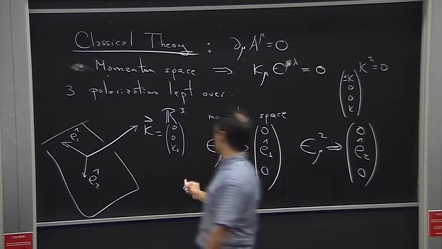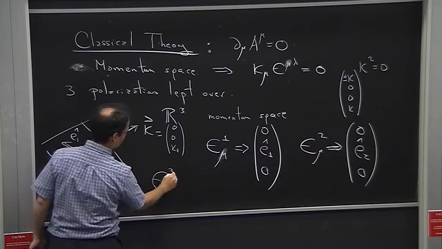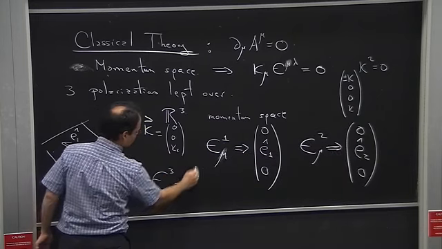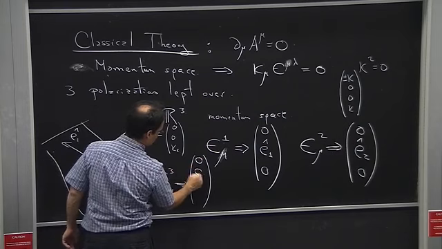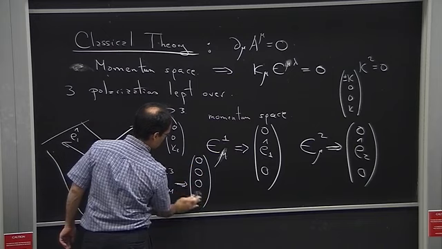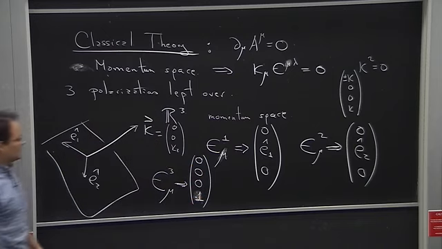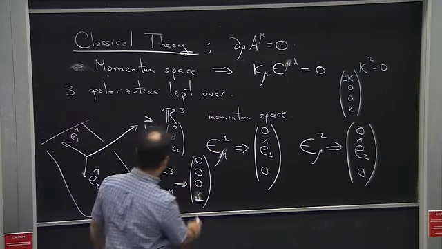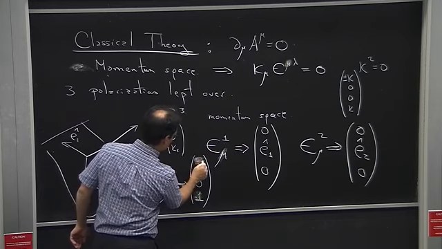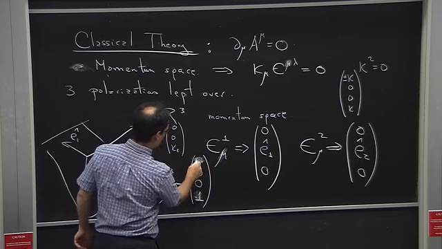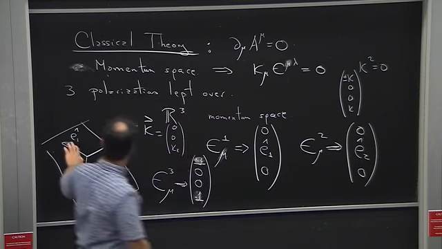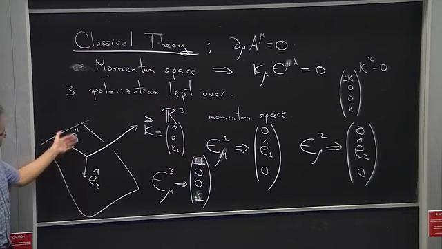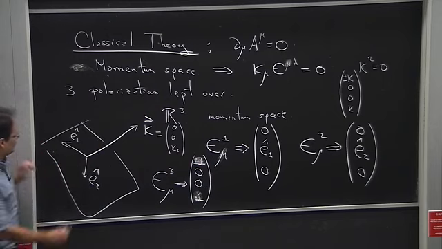And you have a third possibility, which is to choose this guy to be literally that component over here, say. Yes? So E1 hat and E2 hat are two component vectors that live in this two-dimensional plane.